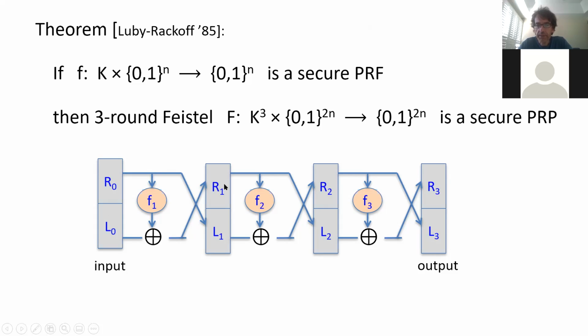He doesn't get to see these intermediate values. He only specifies the input and gets back outputs. And what Luby-Rackoff showed, that 3 rounds suffice, is that if the adversary has only this interface to the circuitry, I specify the input and I get back the output, and he can run it again and again.